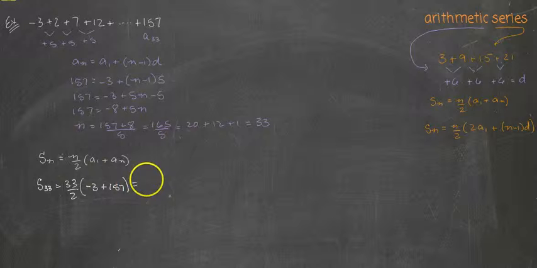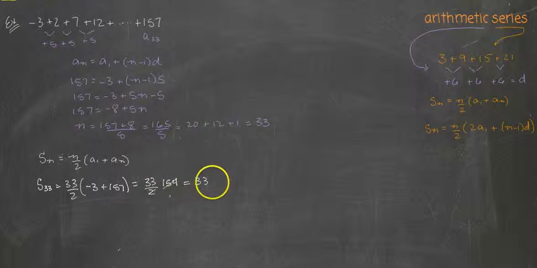And then working across, let's say 33 halves times 154. We can divide this to make things simpler. 33 times 77.